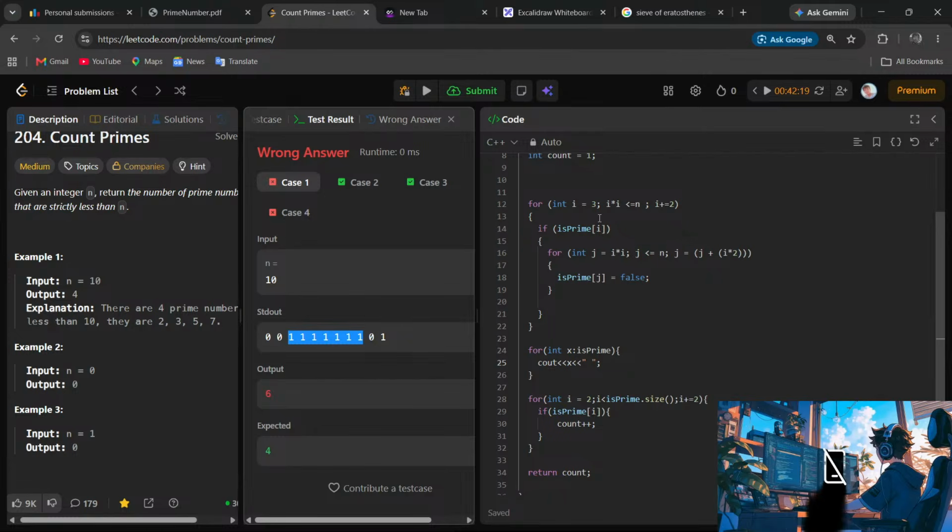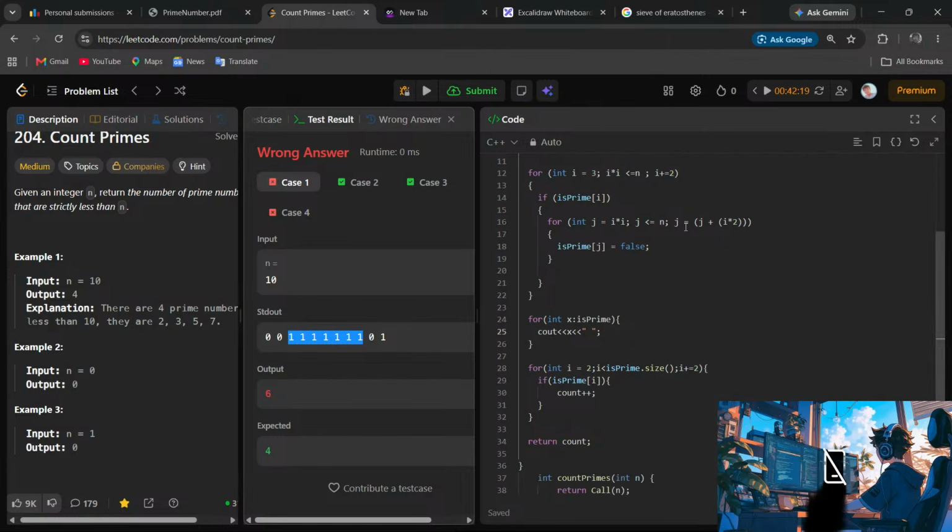So that's why I'm starting from 3. And now the next odd number I will get is 5, then 7, and then 9. So this loop is correct. Fine. The problem is here, I think.